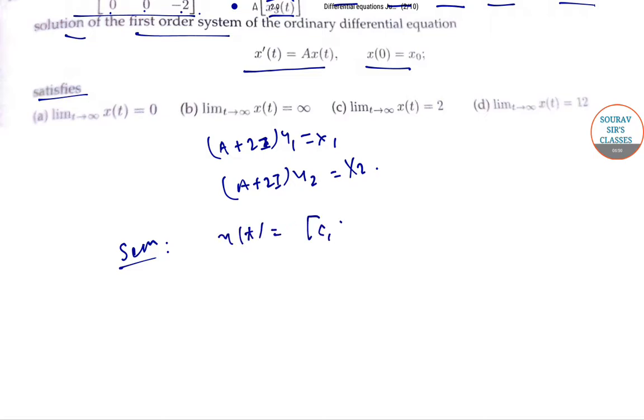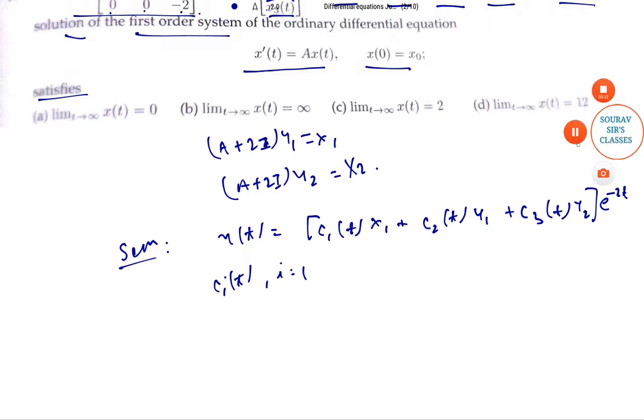x(t) is equal to (c1(t) x1 plus c2(t) y1 plus c3(t) y2) times e to the power minus 2t, where ci(t), i equal to 1, 2, 3, are polynomials in t of degree at most 2.